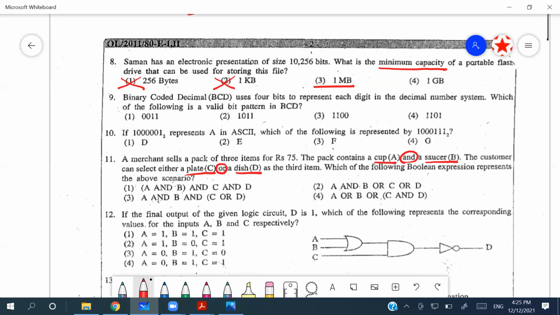Which of the following Boolean expressions represents the above scenario? So he must take the cup and the saucer. Then as the 3rd item, either a plate or a dish. So it's going to be A and B.